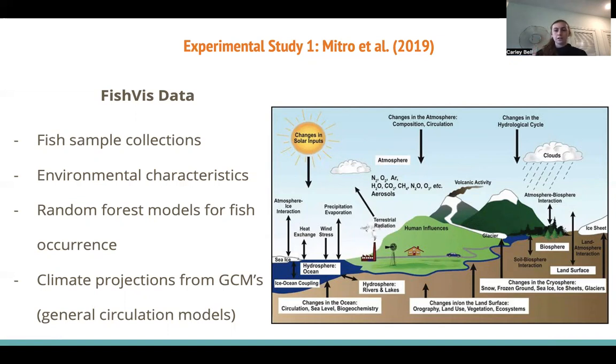But we have a pretty good idea of this, because what they do is they say, okay, this is the fish sample data collections for this stream, and this is how climate change has affected it so far. Like the flow regime in this stream is X, and the flow regime in this stream is X, and the temperature in this one and the temperature in this one is however.